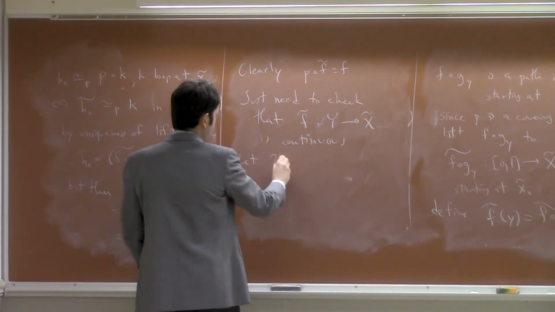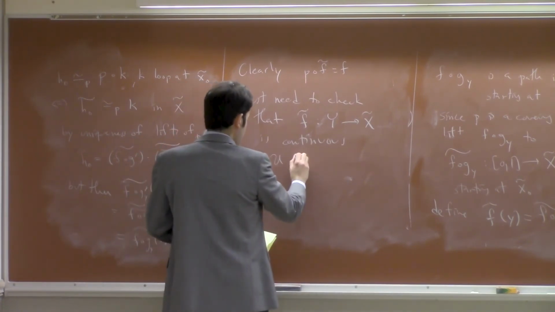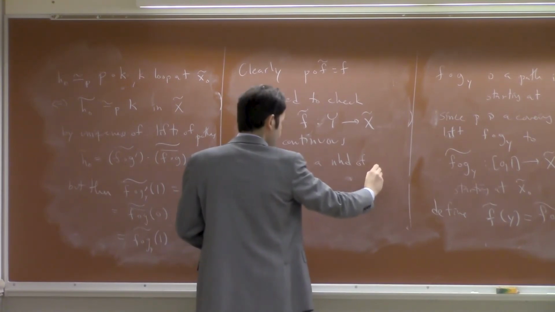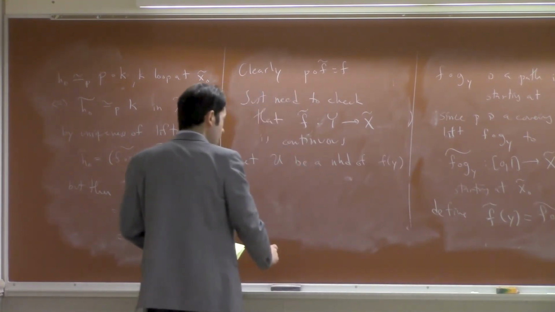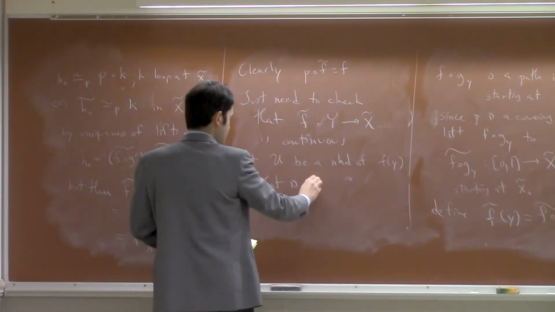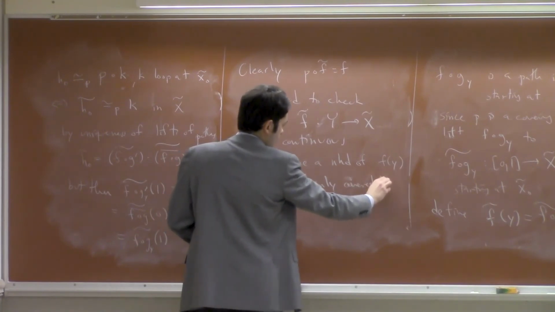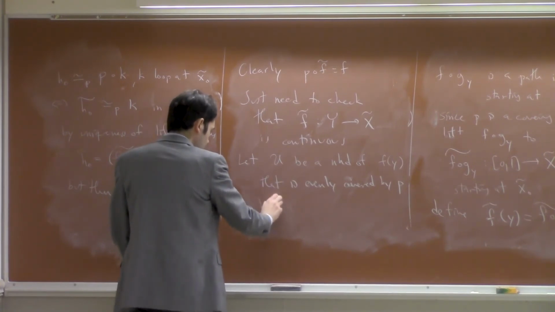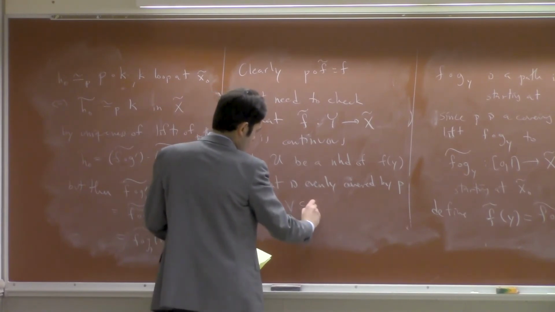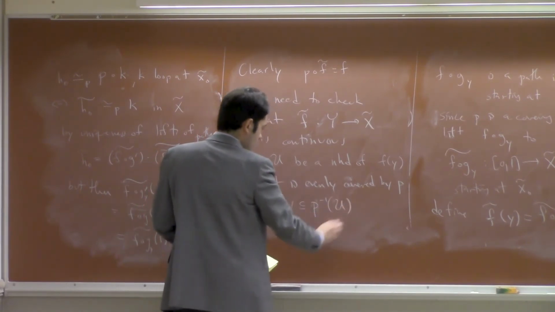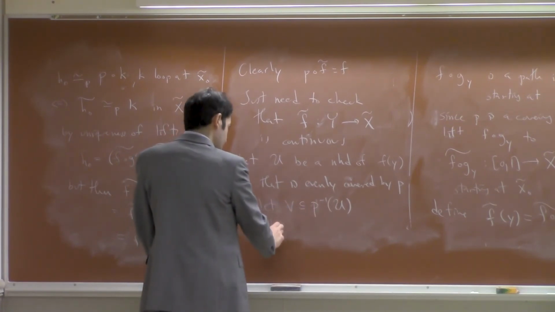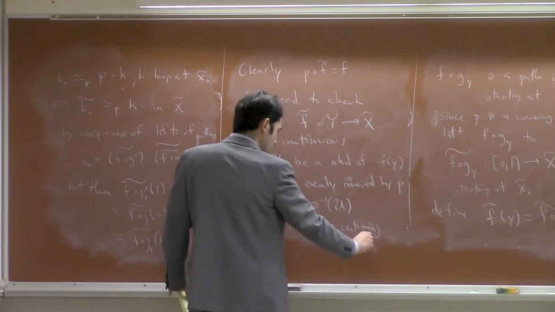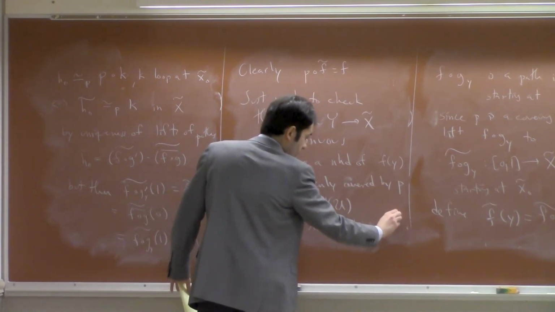Okay, so pick a neighborhood of the point f of y that is evenly covered by p, and let v be the slice above it containing f tilde of y.